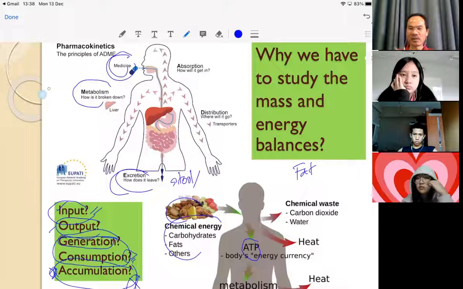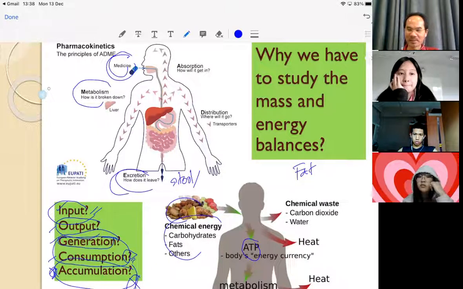That's why sugar is generated, energy is generated, but carbohydrate is consumed. We have generation, we have consumption. And also some mass accumulates in your body, so you increase in weight. We call it the accumulation. Okay, these terms apply in your body and also in the petrochemical plant.